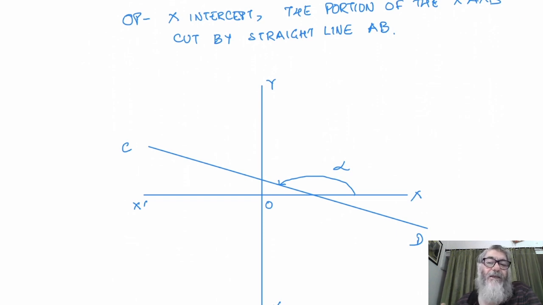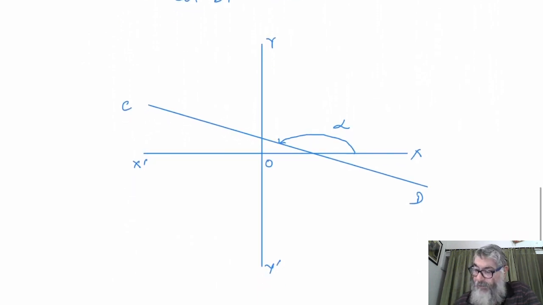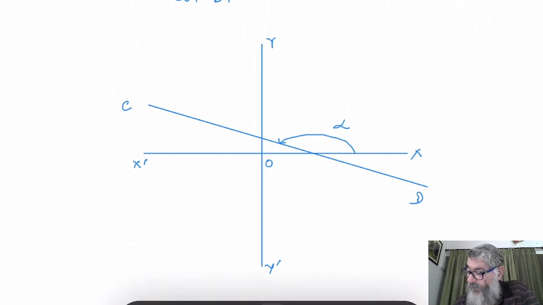We are moving anti-clockwise, and we are taking the angle from the positive side of the x-axis. And let me take another color and name these points L and M.